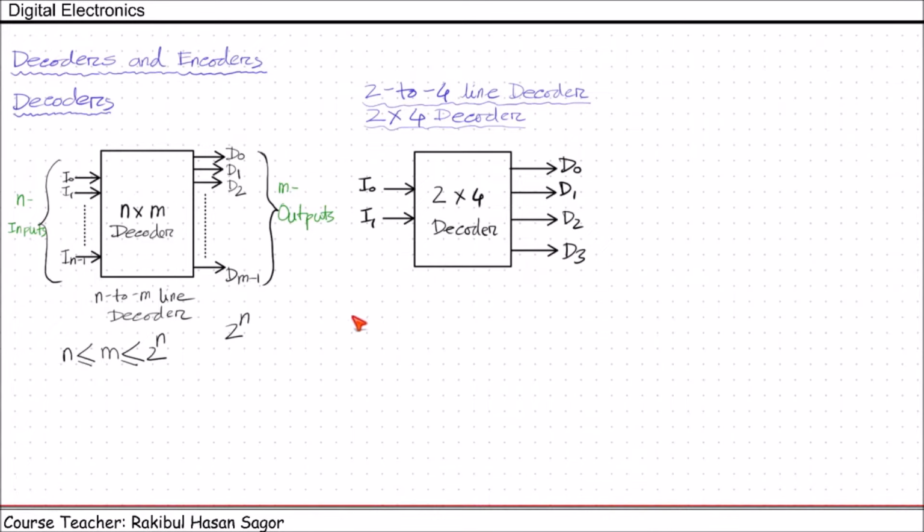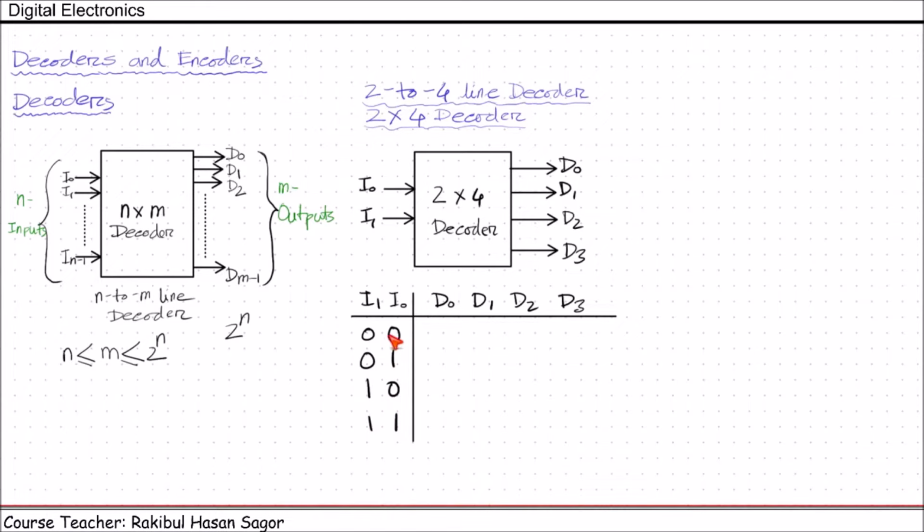If we draw the truth table, we have 2 inputs and 4 outputs. I1, I0. Here the outputs are D0, D1, D2 and finally D3. The input combinations are 0 0, 0 1, 1 0, 1 1. When 0 0 input is given, D0 will be 1, others will be 0.